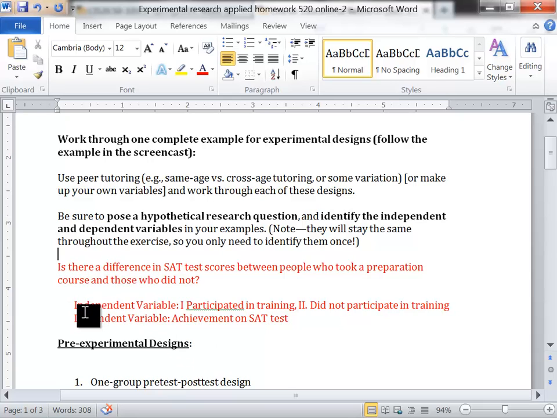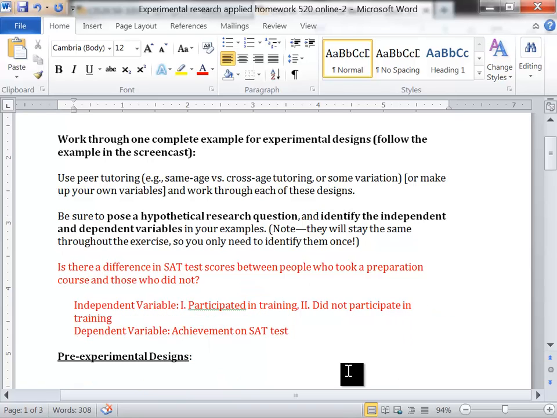So my independent variable would be, I'm sure you've just guessed, that it's their participation in the training. And there's two levels. There's the people who participated in the training and people who did not participate in the training.